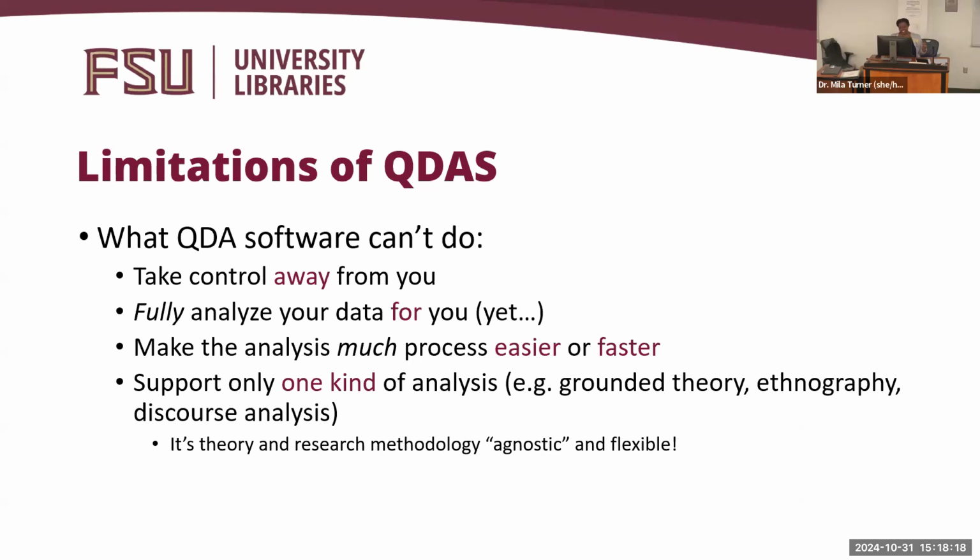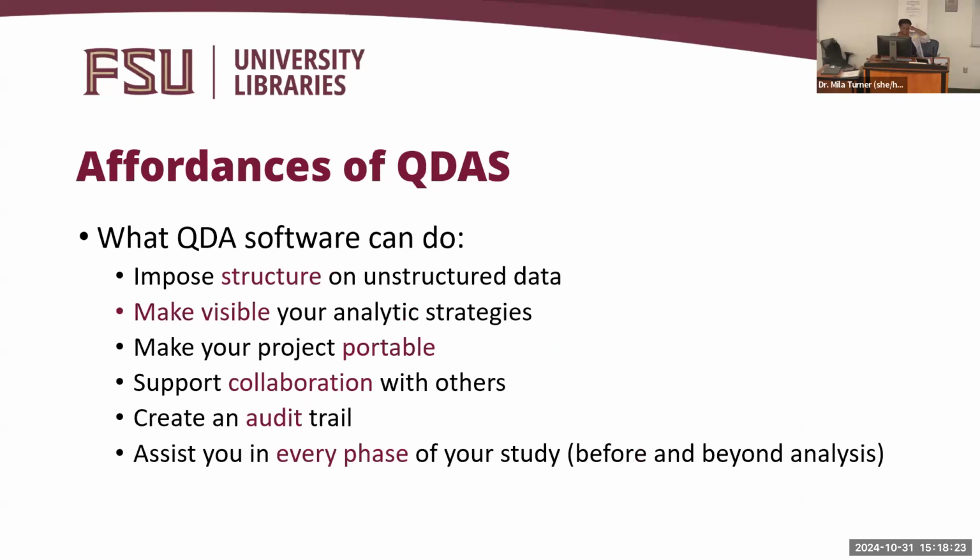It's not going to do that for you in that way. But we can structure our data, organize our data, make it visible, and make a project portable by storing it in the cloud, and then access it from other places. You can collaborate with others and keep really good records of what you are doing.